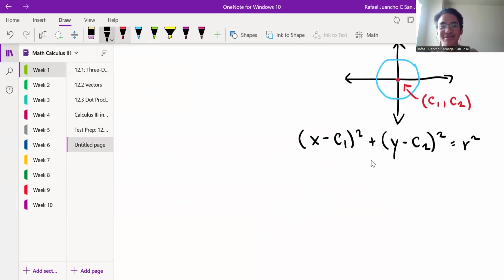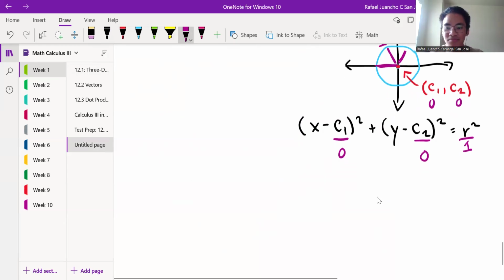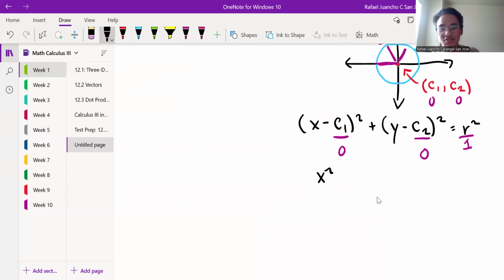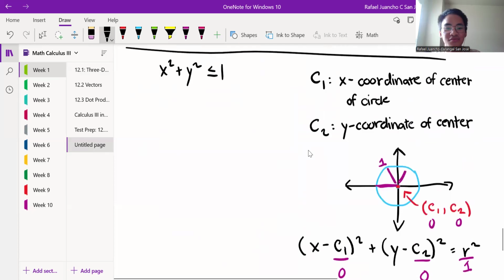But if it's a unit circle, C1 and C2 are basically just 0. So we say this is 0, this is 0, and we remember that the radius is 1, so my r squared is 1. That means we have x squared plus y squared is 1.